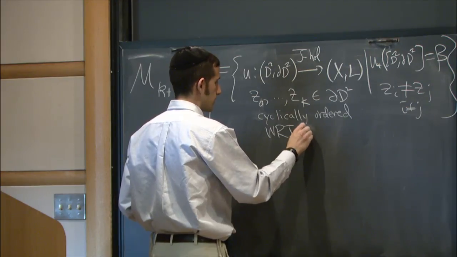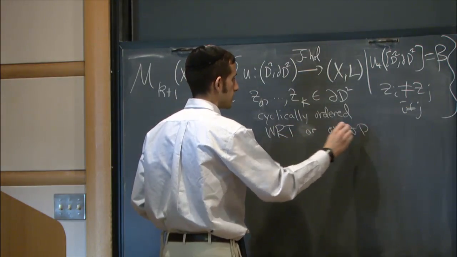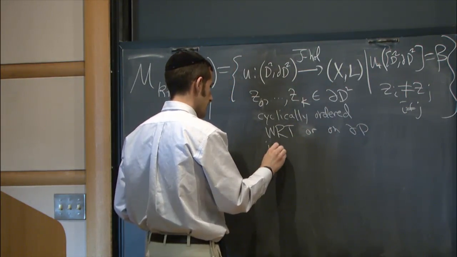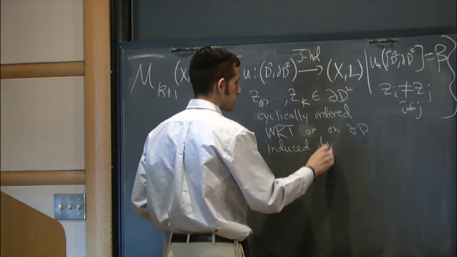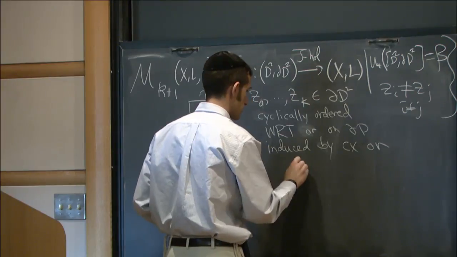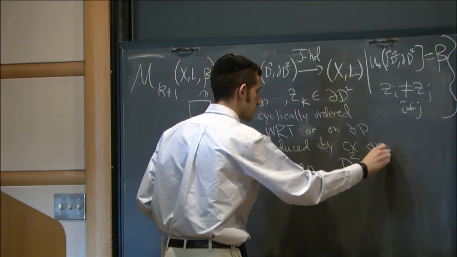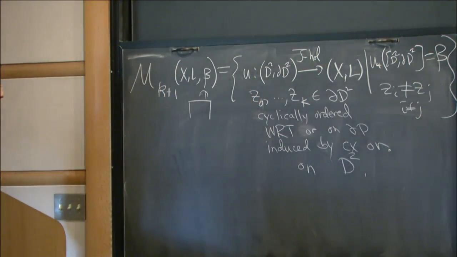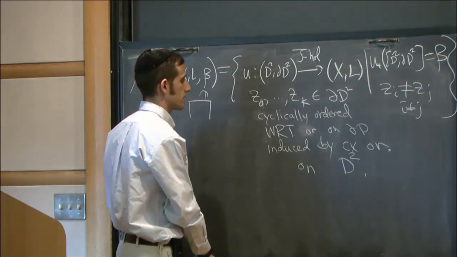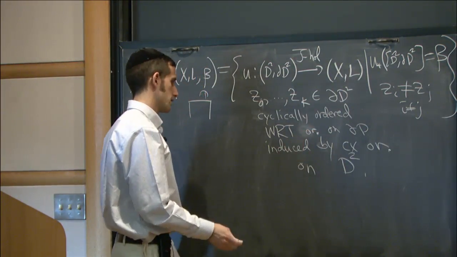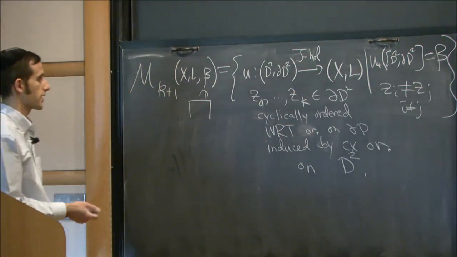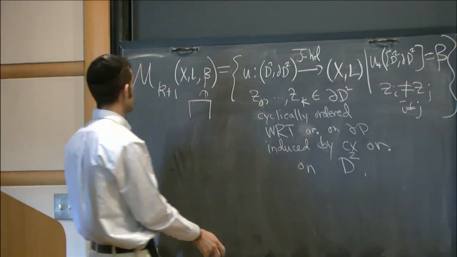So the orientation on this thing induced by the complex orientation on the disk itself. The orientation on the boundary of the disk induced by the complex orientation on the disk itself.